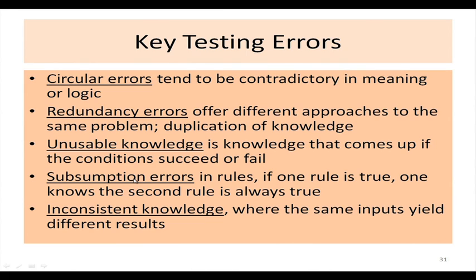And then there are subsumption errors. Basically, if one rule is true, one knows the second rule is always true. What does it mean? How are we going to explain subsumption errors in the rules? For example, if we say A is x, then we say B is x.